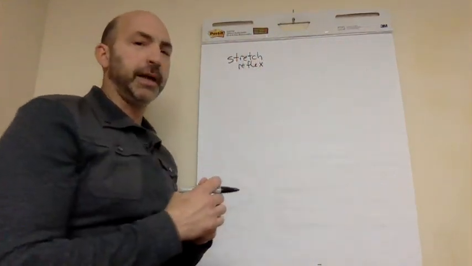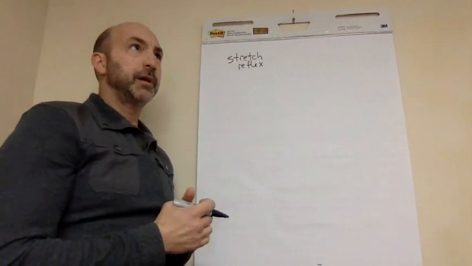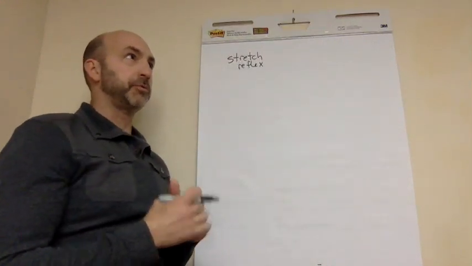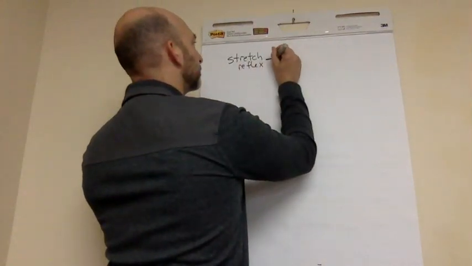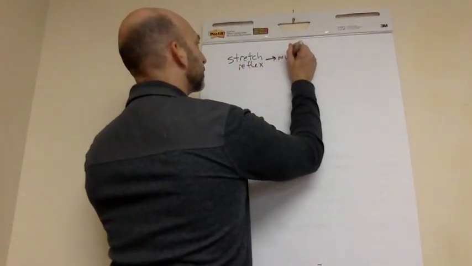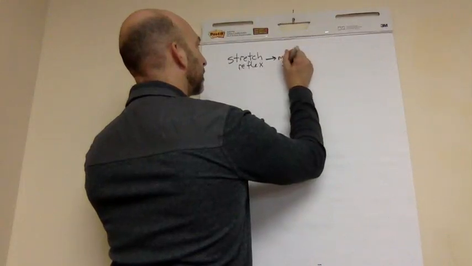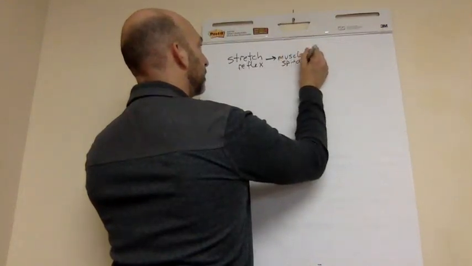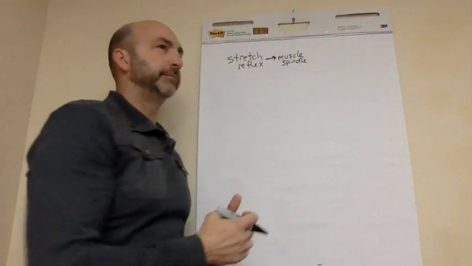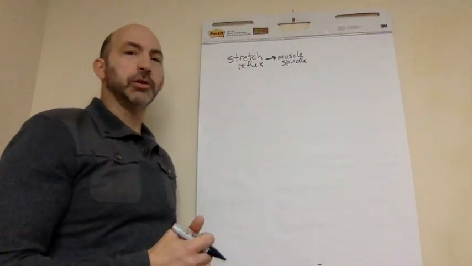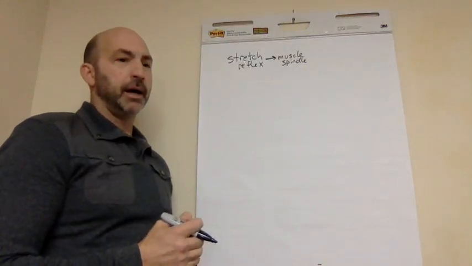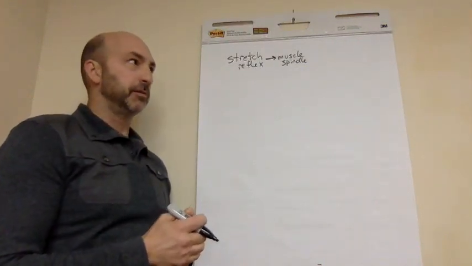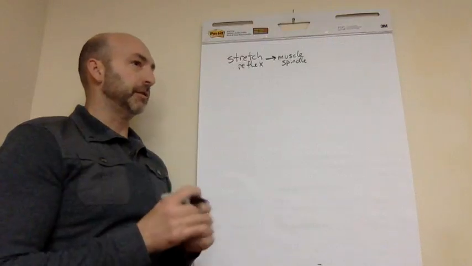Right, so the stretch reflex involves a specific receptor structure that's called the muscle spindle. I'll give you a very generic, cartoonish version of its structure in a minute. And the muscle spindle is involved in actually two different functions.